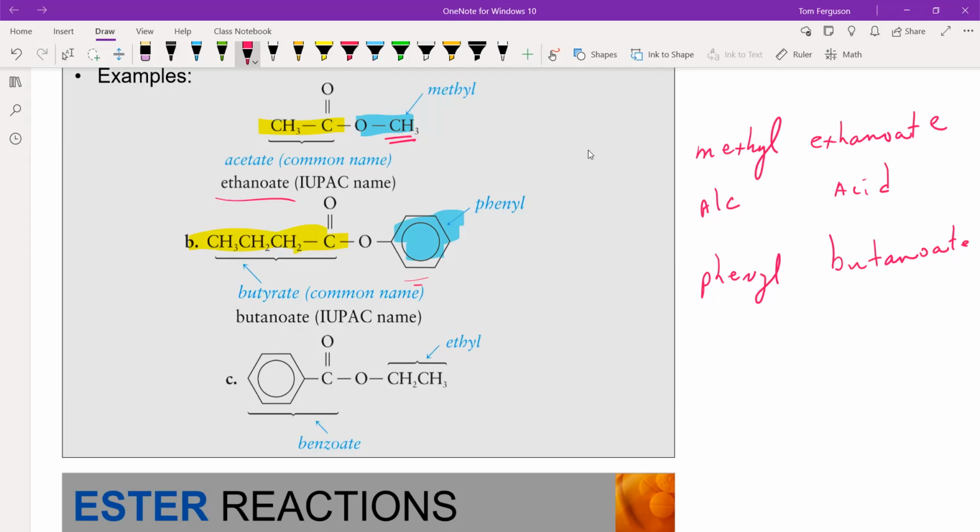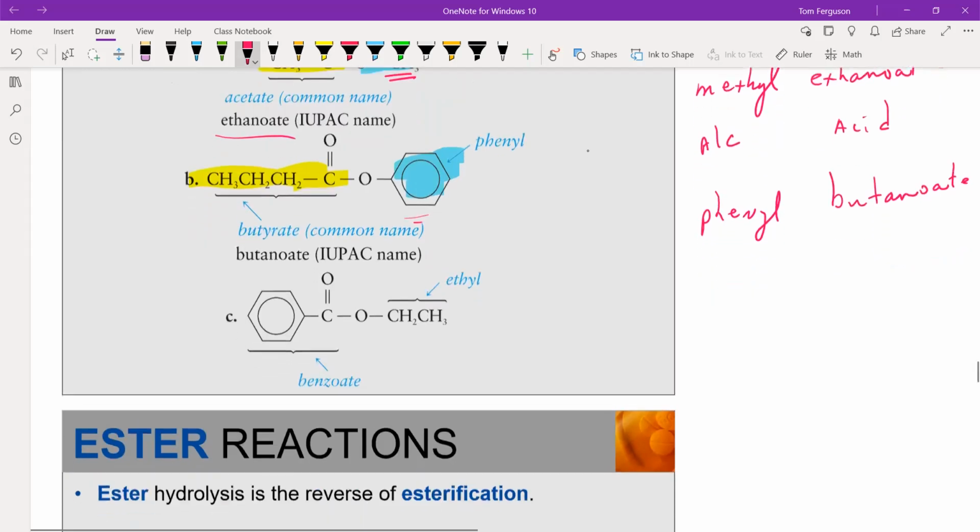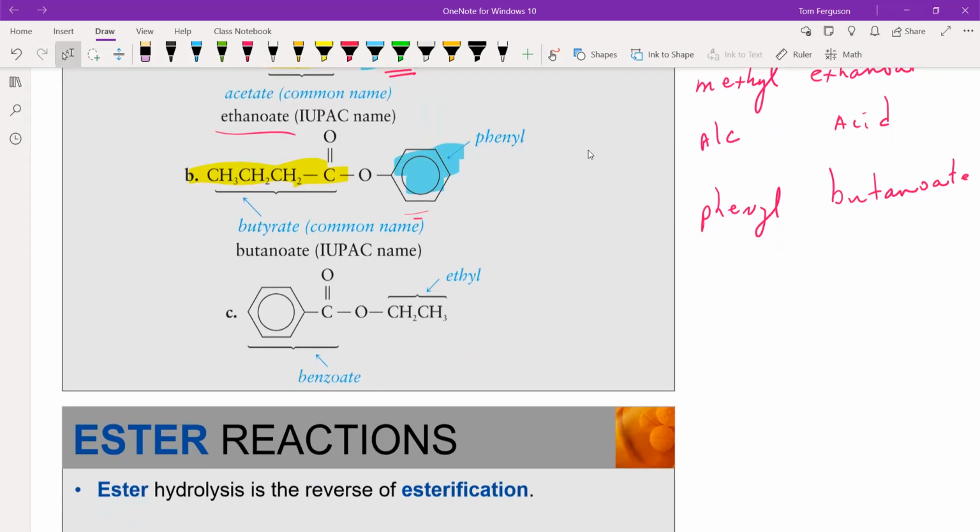Easy to pronounce, huh? This one would be ethyl. Benzoate.